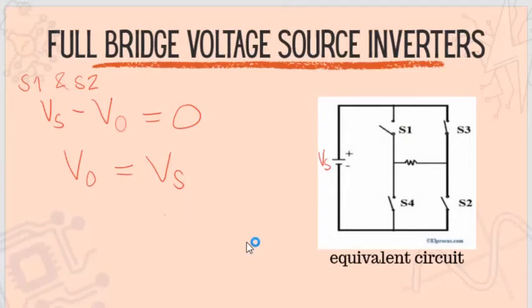But if your S1 and S2 are open and S3 and S4 are closed, so positive, negative, Vo, current flowing here.